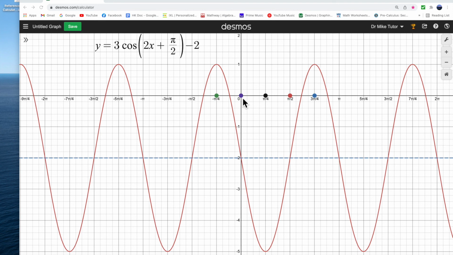We plot every 1/4 of a period. Next, we look at our parent cosine graph, which we know to start at a maximum. 1/4 of a period later, it comes to the middle, which in our case is -2. 1/4 of a period later, it goes to its minimum, then back to the middle, then back to the maximum.